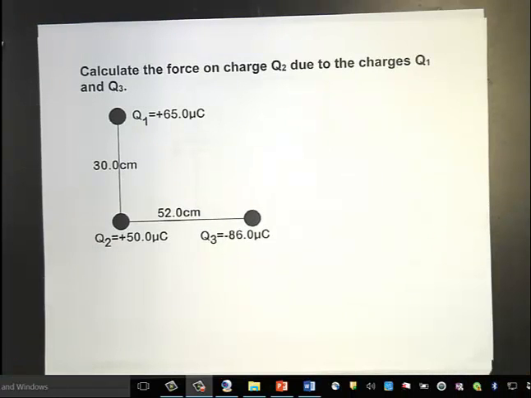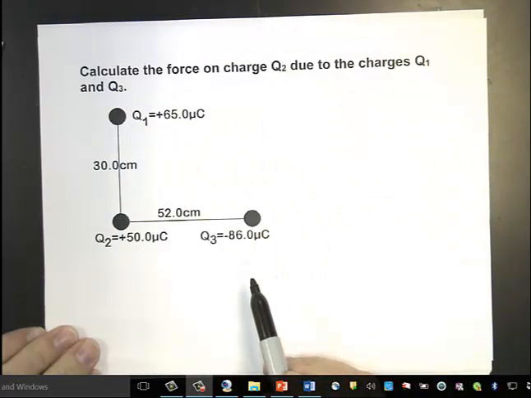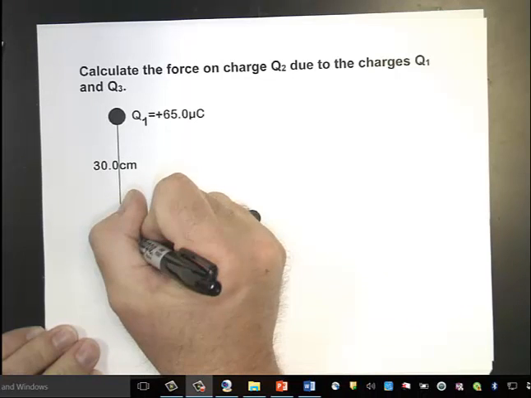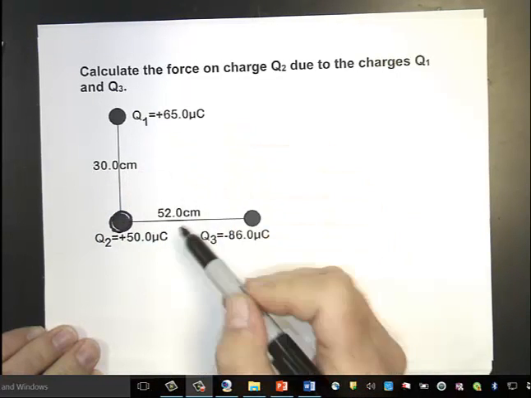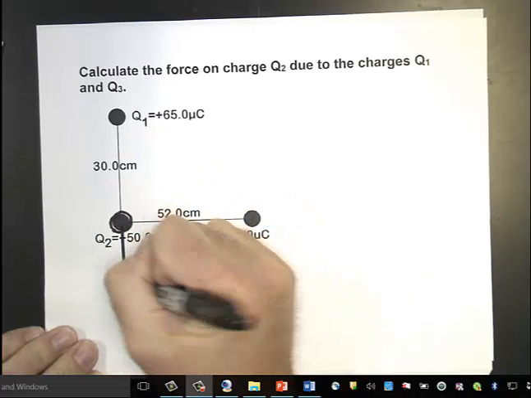Okay, what if you come up against one of these? Now, I'm not going to do all the calculations for you, but here it says calculate the force on Q2 due to charges Q1 and Q3. So if I've got Q2 here, and I'd like to know what the net force is on him, I'm going to say, okay, Q1, Q2 are both positive. Force 1 is this way.